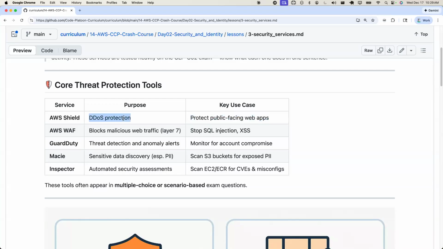A denial of service attack is when I, as a malicious hacker, have, say, paid money to rent time on a botnet that has thousands of compromised computers of individuals in coffee shops or at their homes, and send so much internet traffic, like so many GET requests at the same time to an API, that the server can't handle that number of requests and is overloaded, right? It's a distributed denial of service attack. So that's one of the classic web attacks, and the job of AWS Shield is to protect from that.